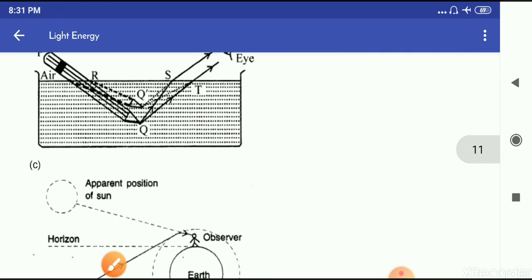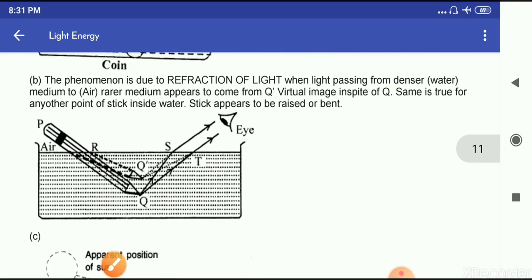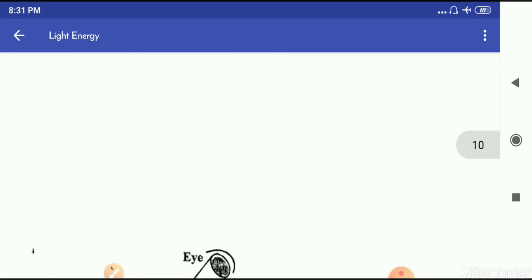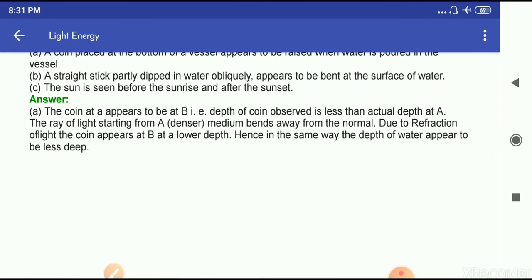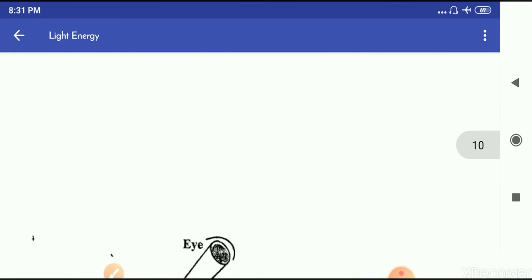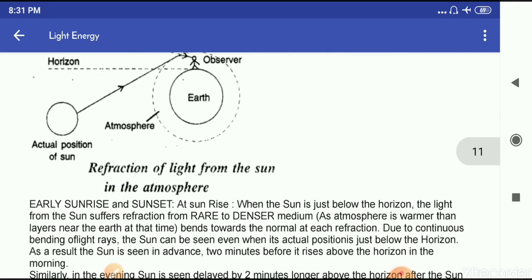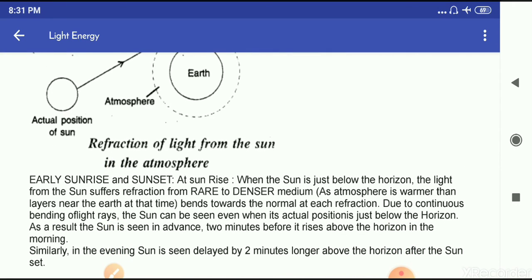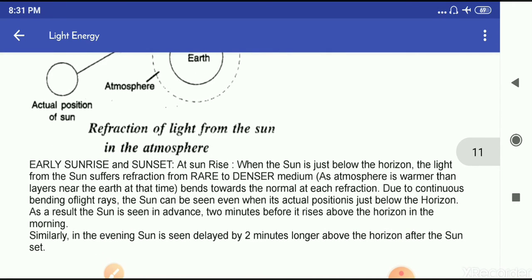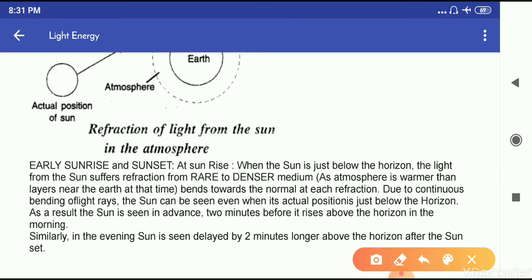Now next is question C. The sun is seen before sunrise and after sunset. This is also due to the refraction of light. When the sun is just below the horizon, the light from the sun suffers refraction from rarer to denser medium and bends towards the normal at each refraction.